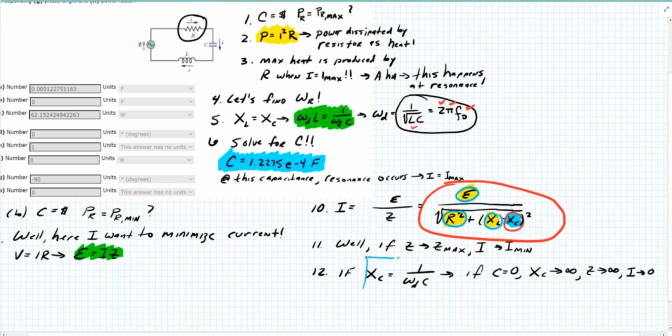And I'm saying, if this is what the capacitive reactance is, the capacitor's version of resistance, then if C goes to 0, the capacitive reactance goes to infinity. If this number goes to infinity, then Z goes to infinity. And if this whole thing goes to infinity, then anything over infinity is 0. So I equals 0. All right, so that's the answer.